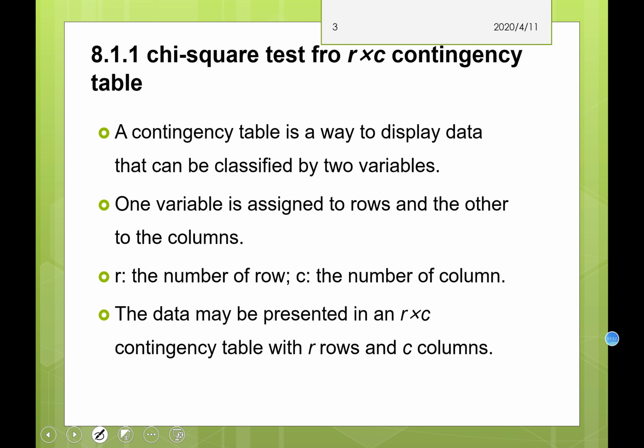So we have 3 levels, and here C should be equal to 3. If we have 2 groups, drug A and drug B, this will be a 2 times 3 contingency table, because there will be 2 rows, meaning 2 groups, and 3 columns, meaning 3 levels. Okay, so that is the meaning of the contingency table.